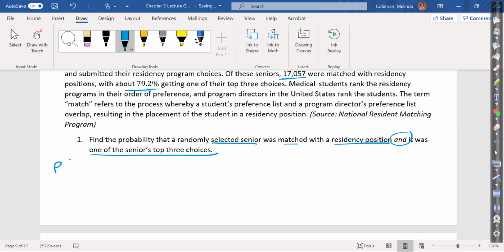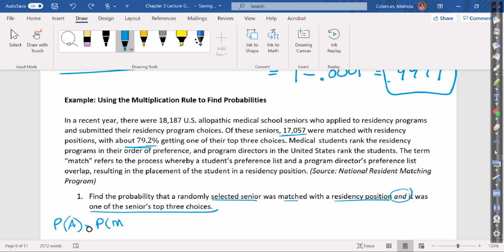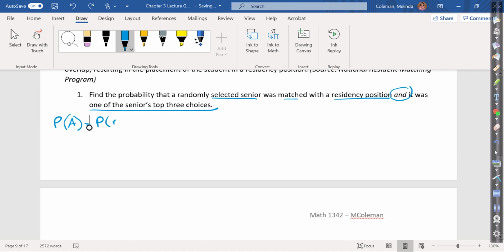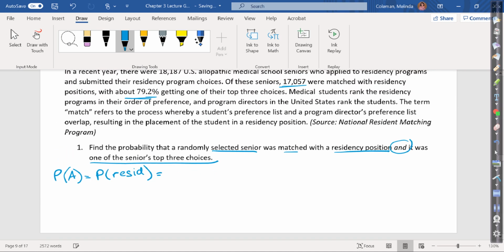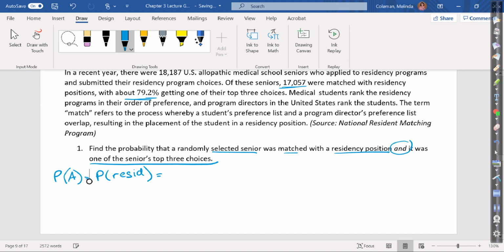So probability of A, which is a matched residency, is equal to 17,057 divided by the total number of seniors, medical students, which is 18,187. So that's going to be approximately 0.938.